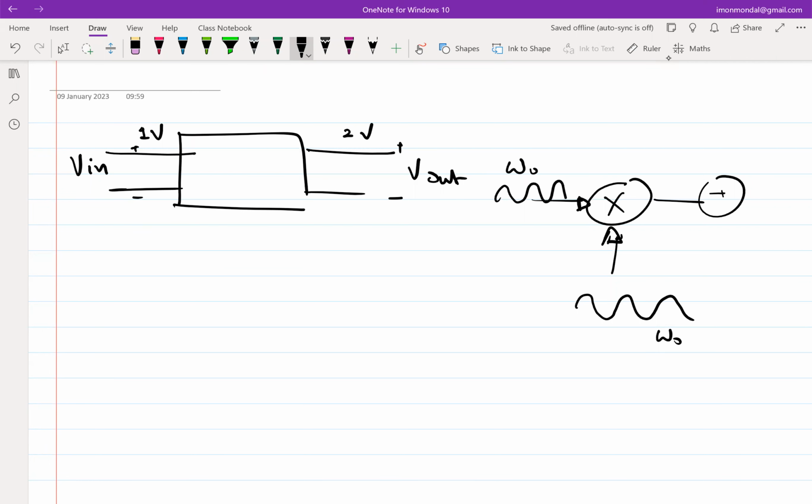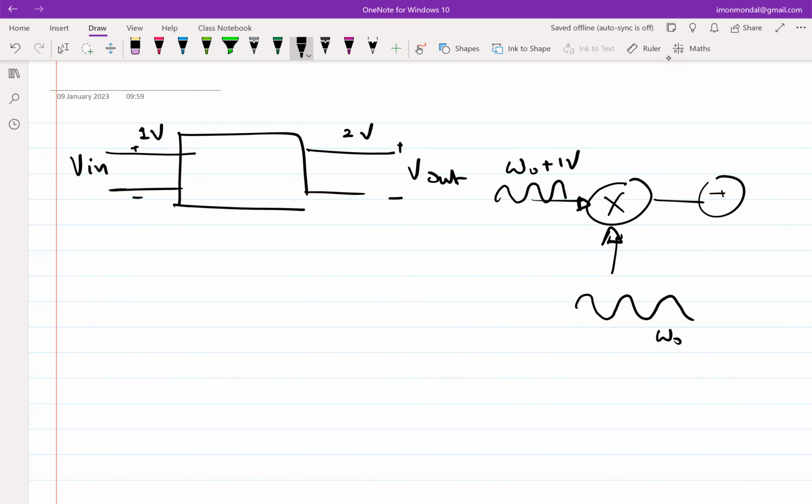And I maybe had some DC input on top of this, let's say 1 volt. And I observe the DC at the output. I say that the DC at the output is more than 1 volt. So what can I infer? I can infer that maybe my input had a 1 volt DC, and the output has more than 1 volt DC, so it can act as an amplifier, right?